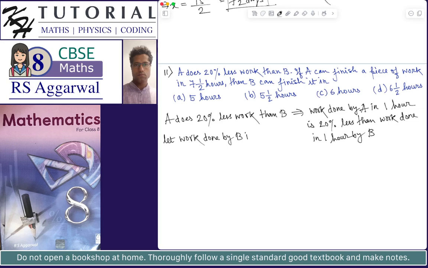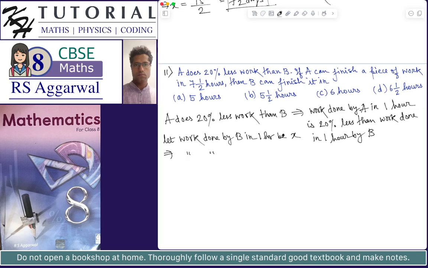Now let's assume the work done by B in 1 hour be X. Then the work done by A in 1 hour will be 20% less than the work done by B in 1 hour.